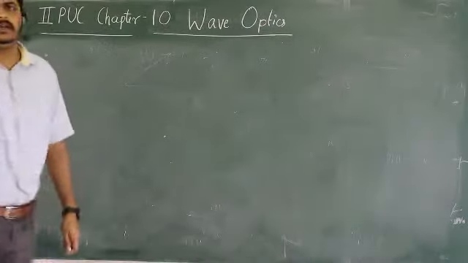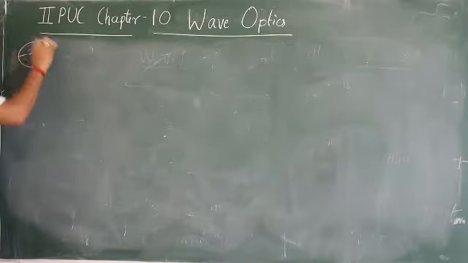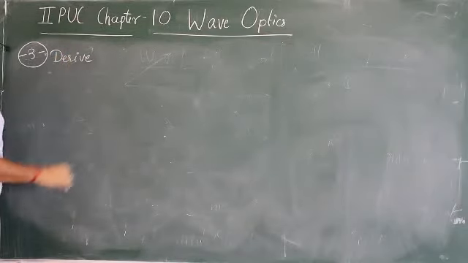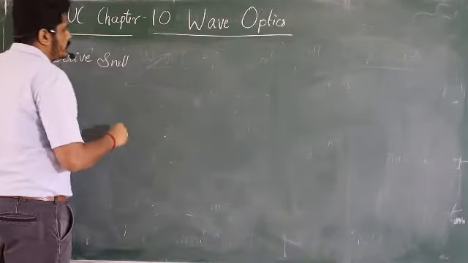Yes. So let us move on to the next derivation. Important, 3 marks. Derive Snell's law. Okay, Snell's law you know, right? Sin i by sin r equals n2 by n1.